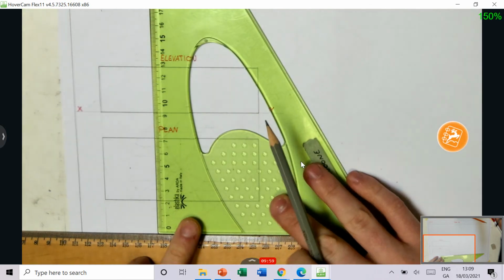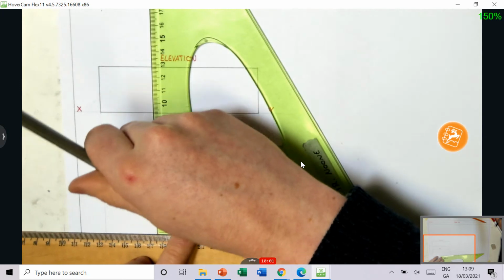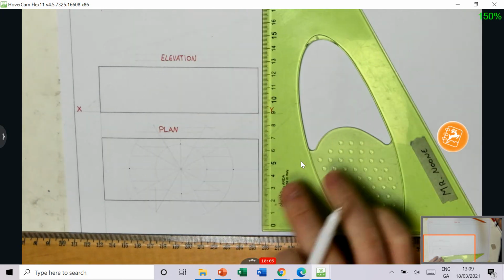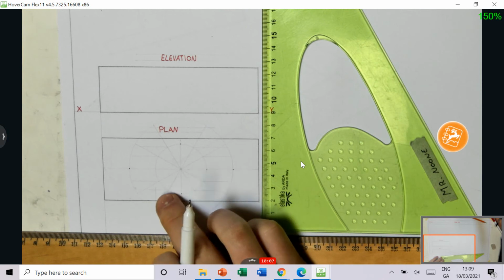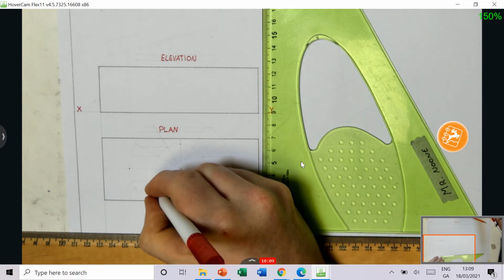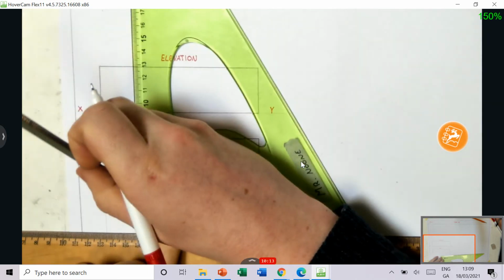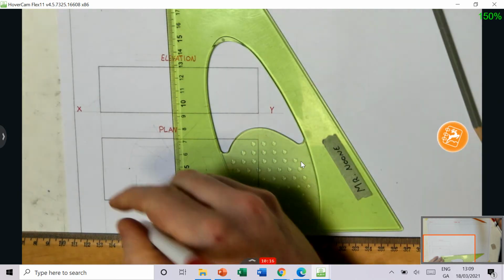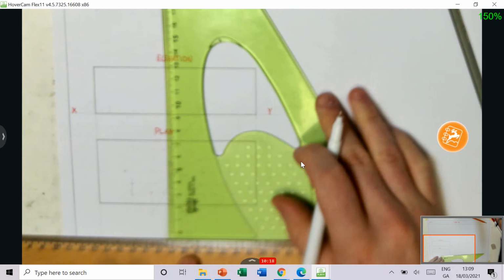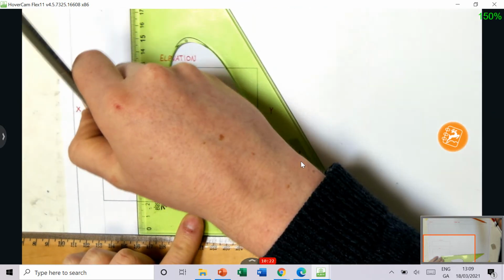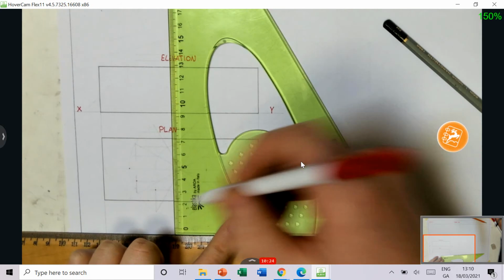And where they cross, are going to give us a point on our ellipse. So look here, this one's going up and it crosses this line here, and that's going to be a point on my ellipse. Same as here. Same as here.